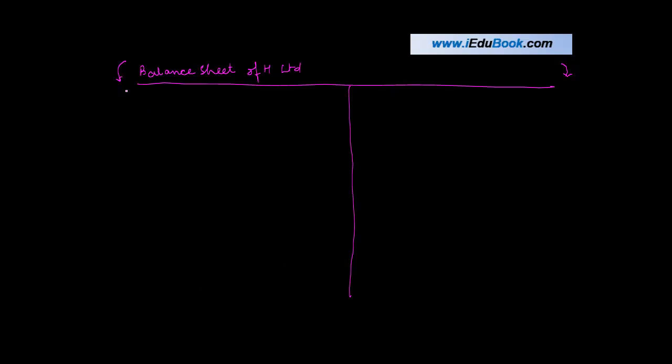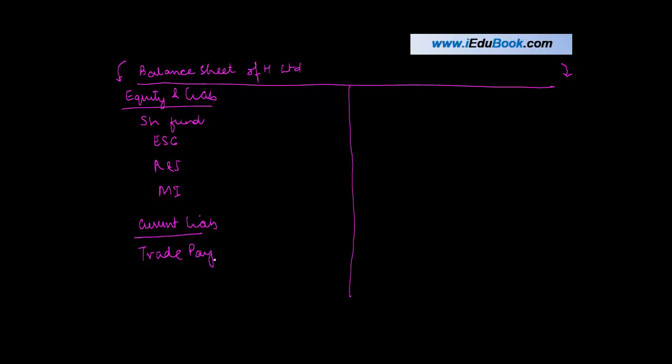The disclosure is equity and liabilities, shareholders' funds: equity share capital, reserves and surplus, minority interest. Then you have current liabilities. Within this you have trade payables, which is nothing but sundry creditors.